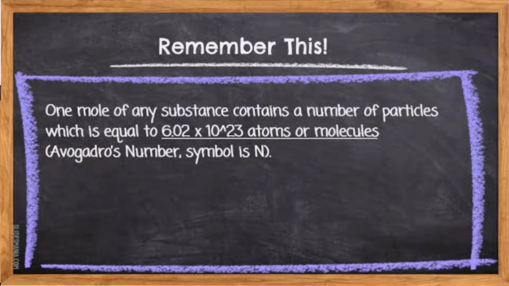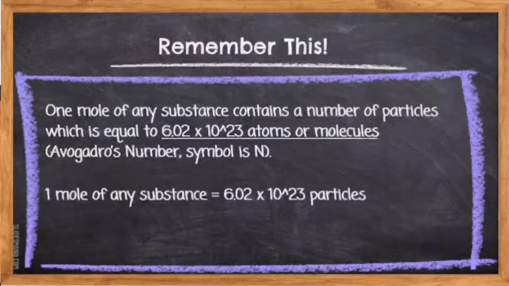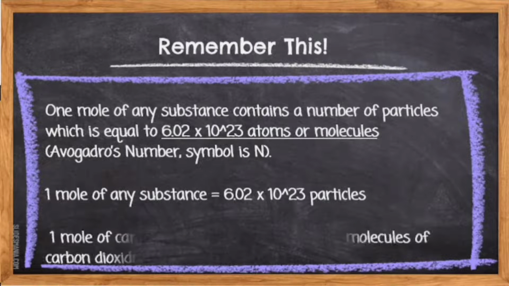Now remember this. 1 mole of any substance contains a number of particles equal to 6.02 times 10 raised to 23 atoms or molecules, and that is Avogadro's number, which has the symbol capital N. 1 mole of any substance is equal to 6.02 times 10 raised to 23 particles.